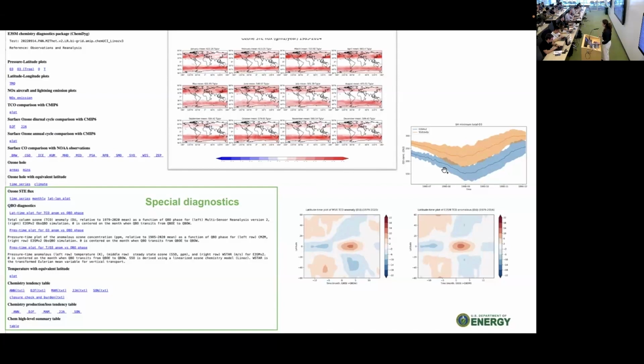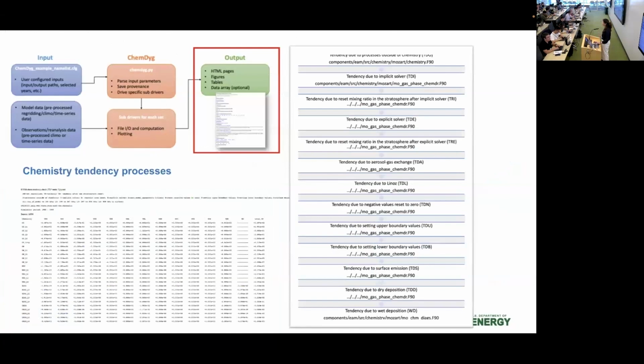Originally, when we designed ChemDyg for the chemistry developers, the idea was to have a tool that knows exactly which process is involved.